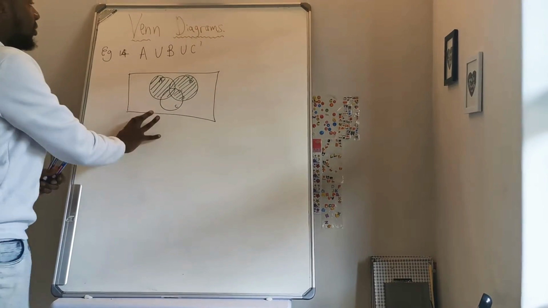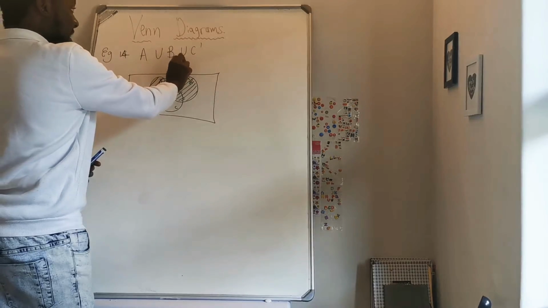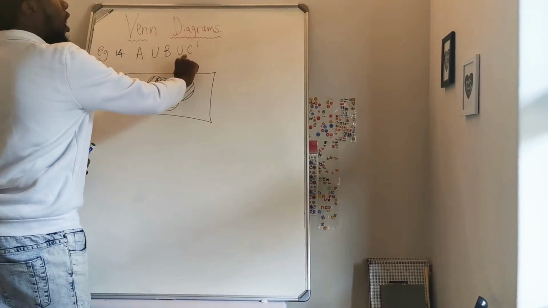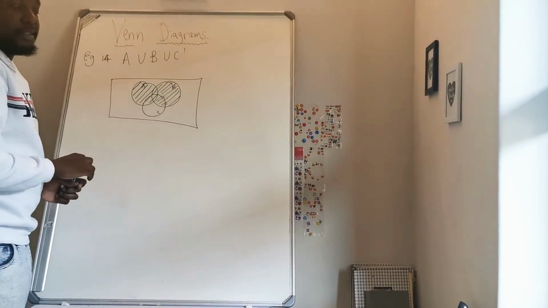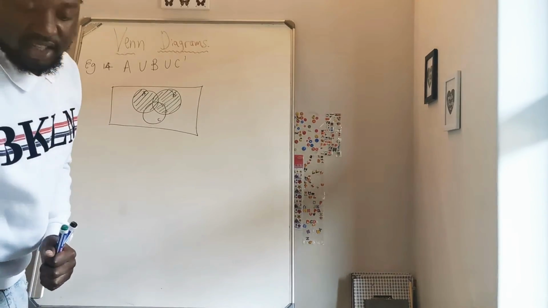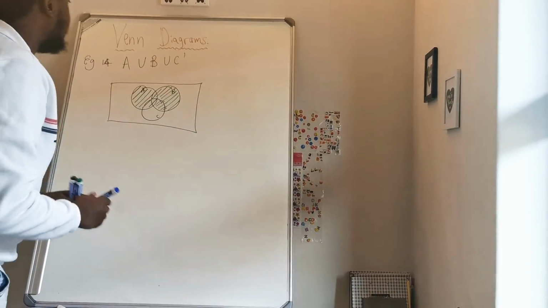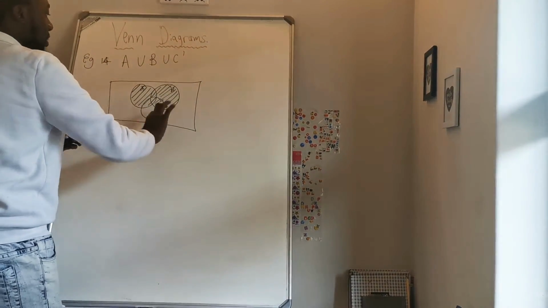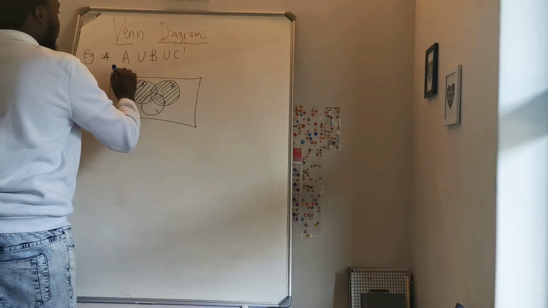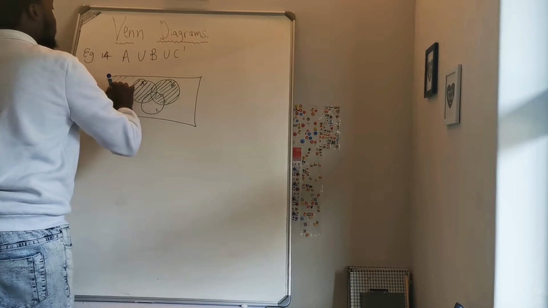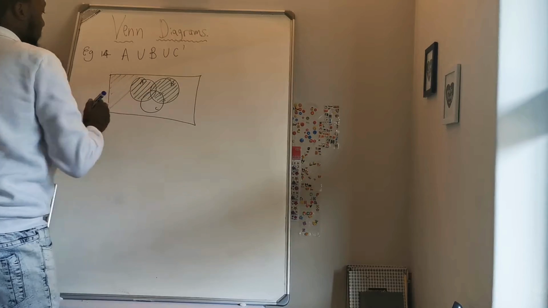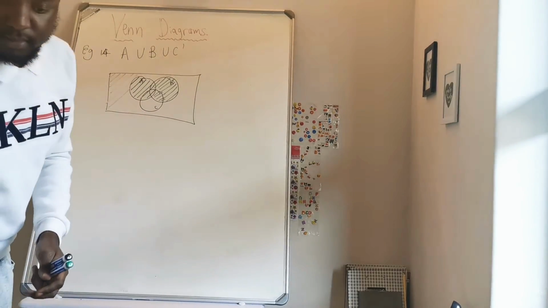Right? So now we're done with that. Now we need to draw the complement of C. The complement of C is just everything beside C. So that's C there. Now we need to shade in everything else beside that C. Let me use another color.